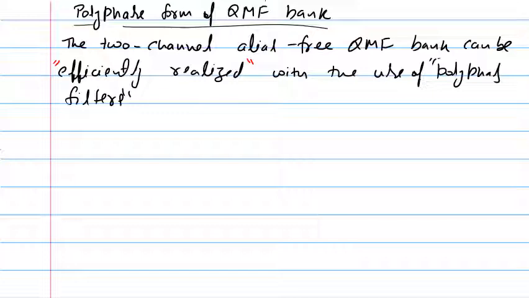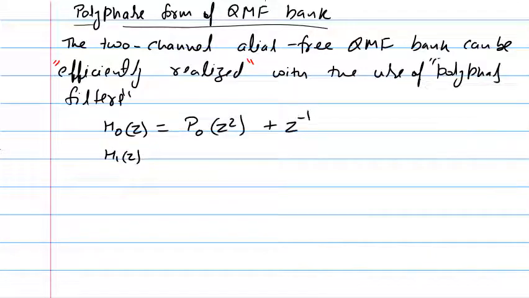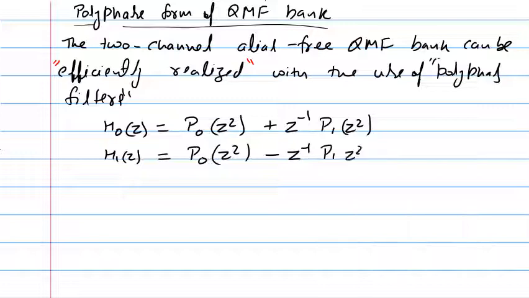So you know that we have used the two filters, low pass and high pass. One is H0(z), the other one is H1(z). If we write H0(z) in polyphase form, say P0(z²) + z⁻¹P1(z²), and H1(z) is P0(z²) − z⁻¹P1(z²). Okay.